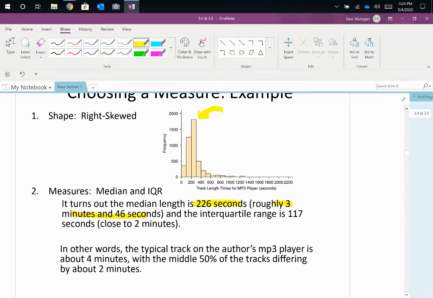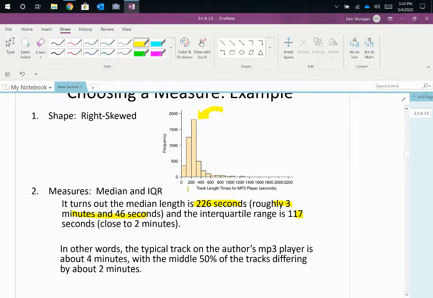The interquartile range is close to 2 minutes. Remember, this is in seconds, so each of these bars ranges about 100 seconds, which is close to 117 seconds, which is close to 2 minutes.